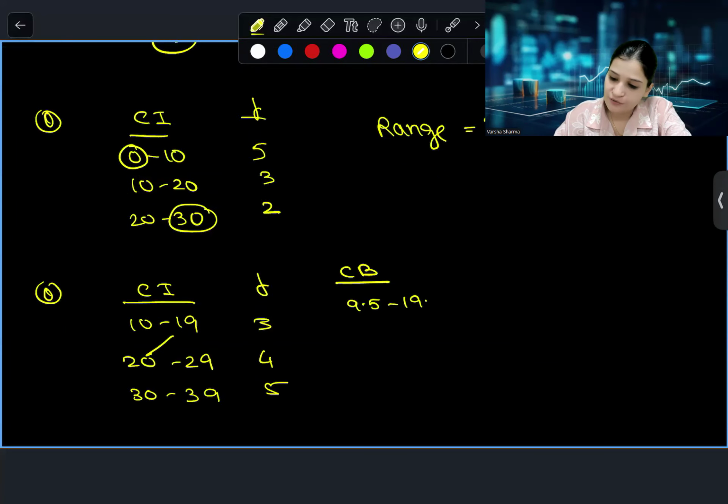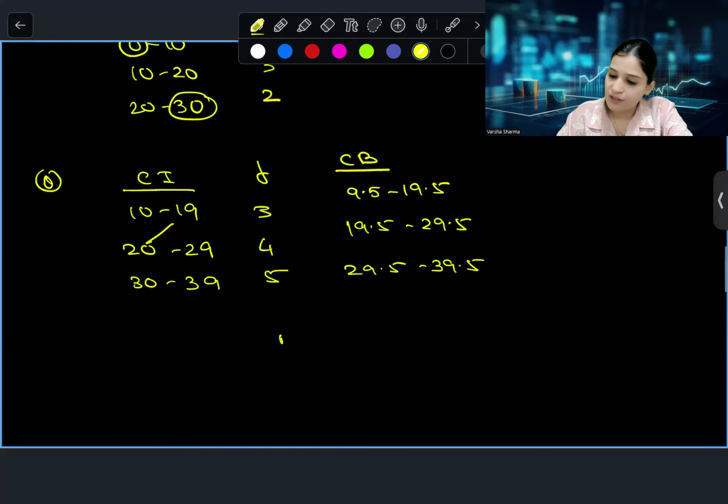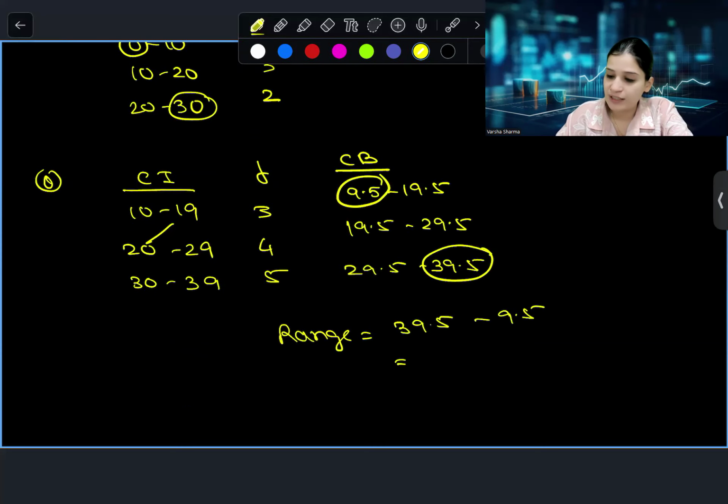So 9.5 to 19.5, 19.5 to 29.5, 29.5 to 39.5. So our range is the highest possible value minus the lowest: 39.5 minus 9.5, that's 30. The coefficient will use the same formula. Any doubt? No, ma'am.